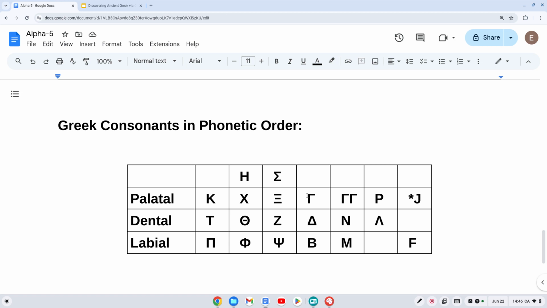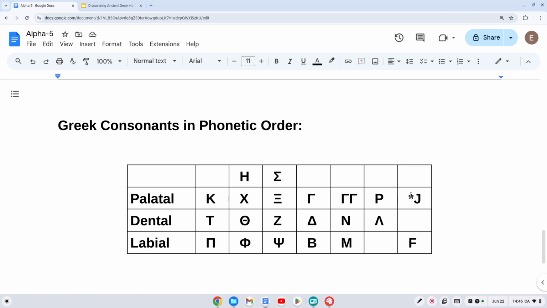And then you also have the g sound, as in gamma, g. And then you got a nasal version, ng. And you've got a liquid version, the rho, which is also aspirated actually, and trilled a bit. I'm exaggerating there.